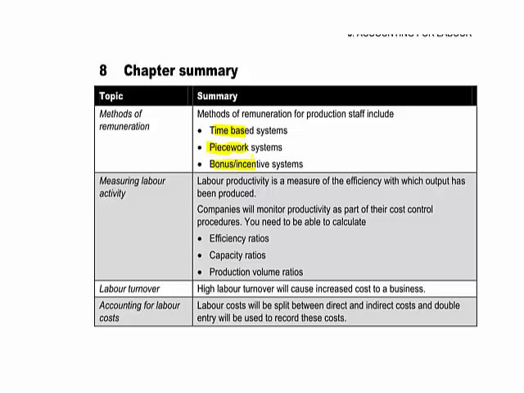Labour activity can be measured through the efficiency with which output has been produced, and we can think about monitoring our productivity through efficiency and capacity ratios, which combine to give the production volume ratios, i.e. looking at how quickly output was produced compared with the number of hours that you plan to produce.